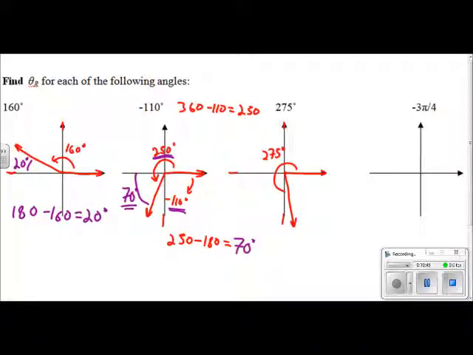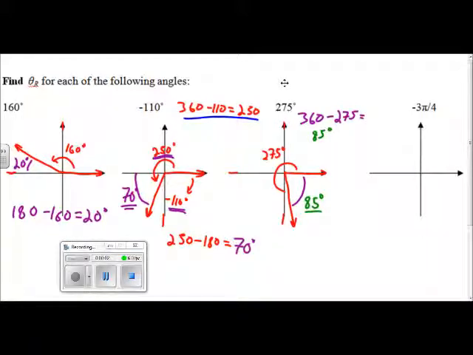In this case, our reference angle needs to be this piece coming straight down from the x-axis, so we want to do 360 minus 275, which in the end leaves us with 85 degrees. So 85 is our reference angle for 275.